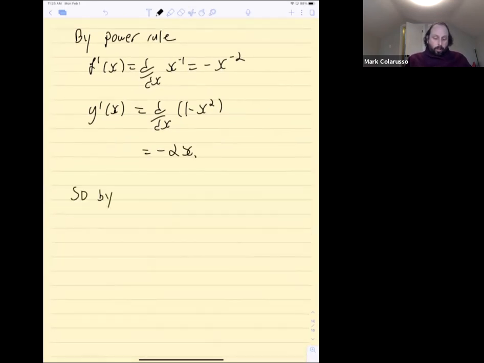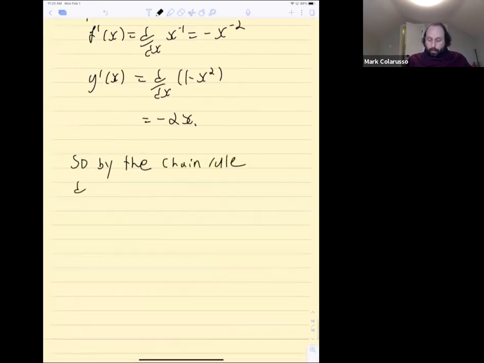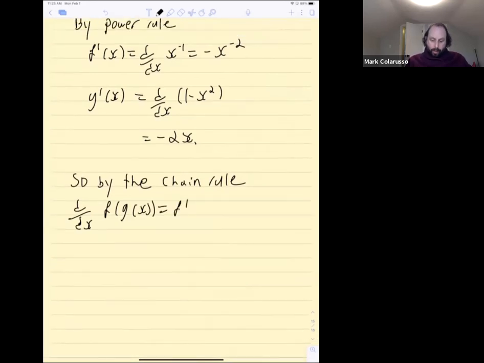So by the chain rule, the derivative of the composition f of g at x is the derivative of f evaluated at g at x times the derivative of g.